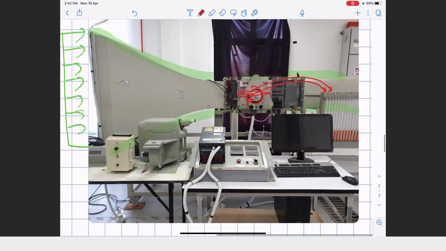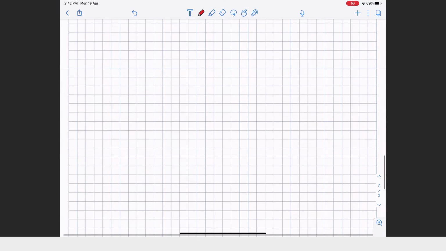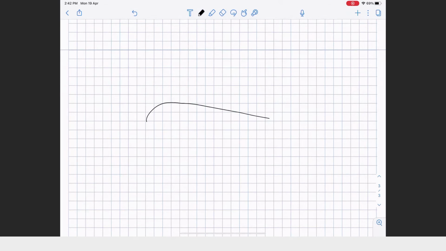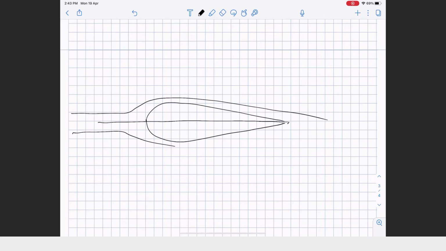If I show you an aerofoil that looks something like this, and the angle of attack is at 0 degrees, then the flow will go symmetrical from top and bottom. It is a similar flow, so the aerofoil will generate no lift. When there is no lift, it means that the pressure below the aerofoil and the pressure above the aerofoil is the same.